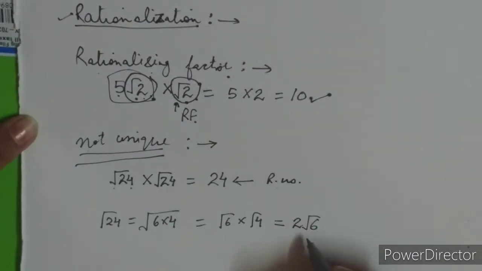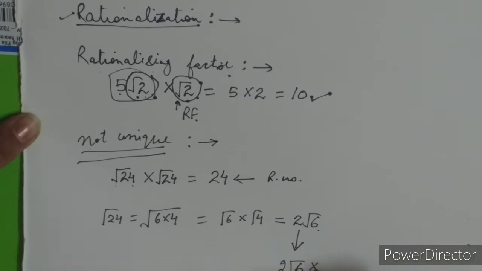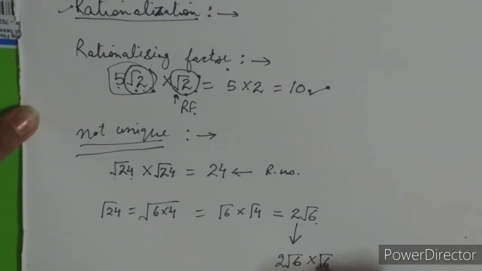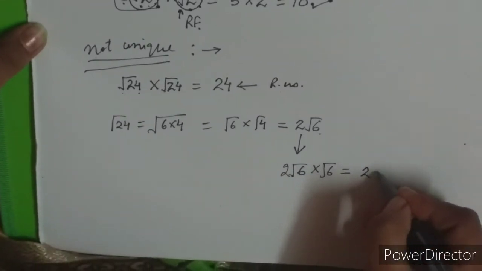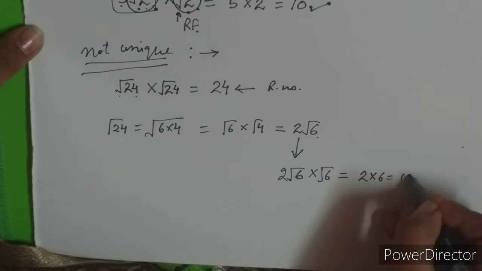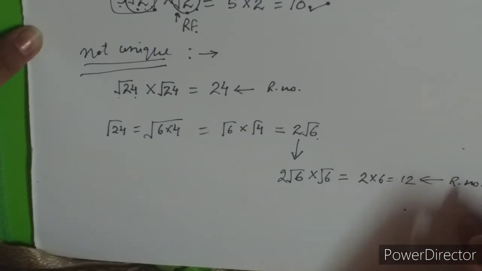Now, this 2 square root of 6 can be changed into a rational number by simply multiplying it with one more square root of 6, that is, it will simply give me 2 into 6 equal to 12, which is again a rational number.